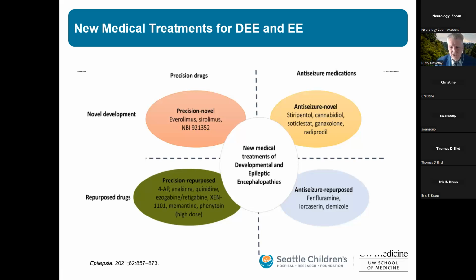underlying genetic causes. Ganaxolone was just recently approved for an epileptic encephalopathy called CDKL5, which their phenotype looks somewhat like Rett syndrome.